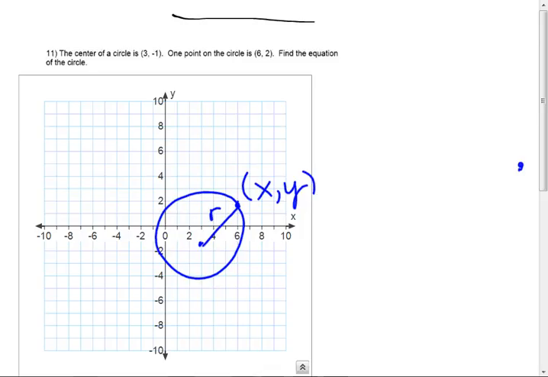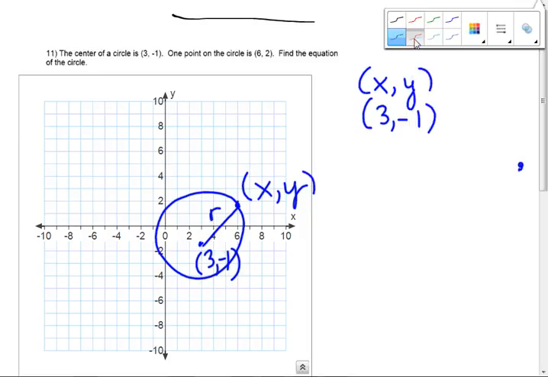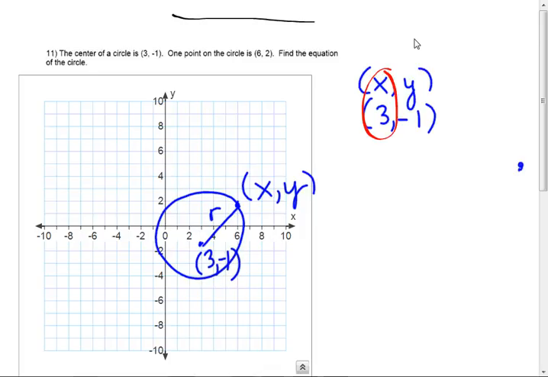And then this is 3, -1. Well, that's why you've got to pay attention. I just want to find the distance between x, y, and 3, -1. How do you find the distance between the x's? How far apart are they? If I had 5 and then 3, how far apart would those be?